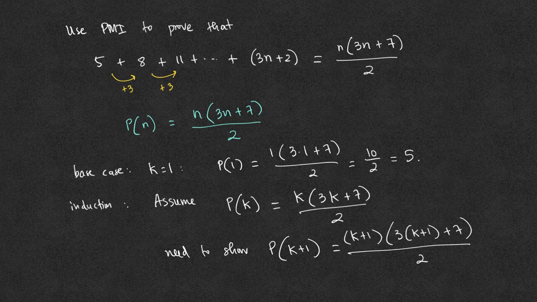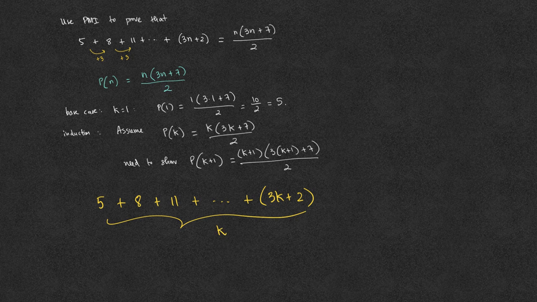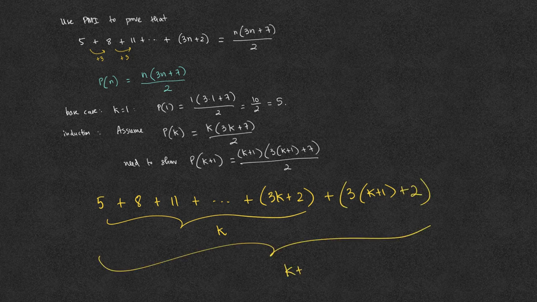To do this, we consider the sum with k plus 1 terms. This is the sum of 5 + 8 + 11 + ... + (3k + 2), there are k terms already, plus (3(k + 1) + 2). This will give us k plus 1 terms.